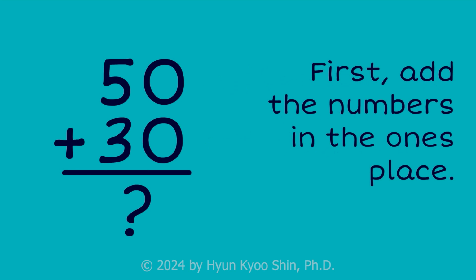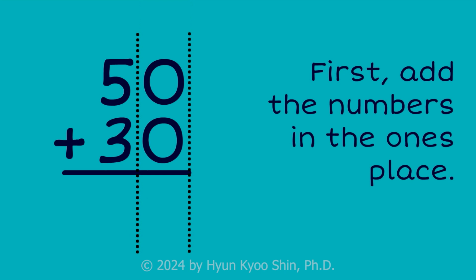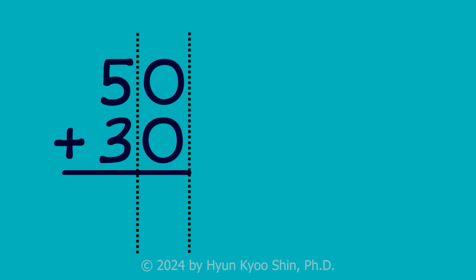First, add the numbers in the ones place. 0 and 0 are the numbers in the ones place. Let's add 0 plus 0 is equal to 0.